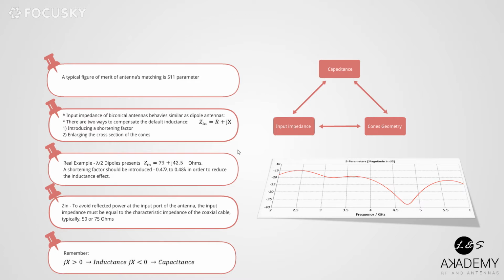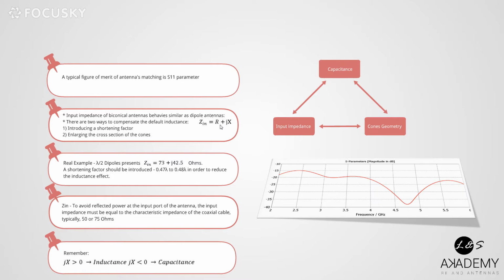Okay, so secondly, regarding the impedance, we have to say two things. The first one: the input impedance of a biconical antenna behaves similar to a dipole antenna. Therefore, the input impedance equation looks like this.